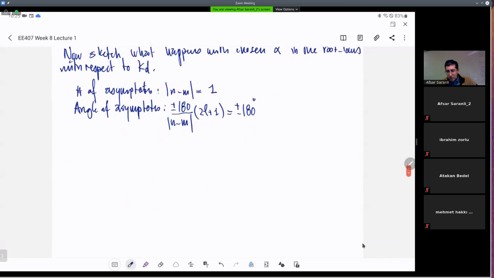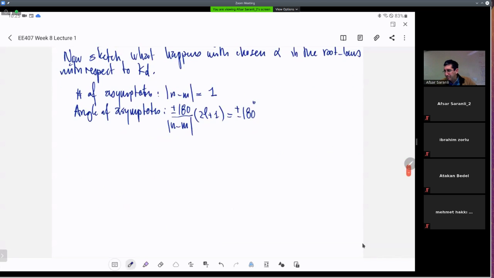Okay, so let us sketch. Obviously, it really depends on where the zero is. Okay, but let's assume that minus alpha is over here. Okay, so alpha is a positive number and minus alpha is smaller than the two poles at minus 1 and minus 2.